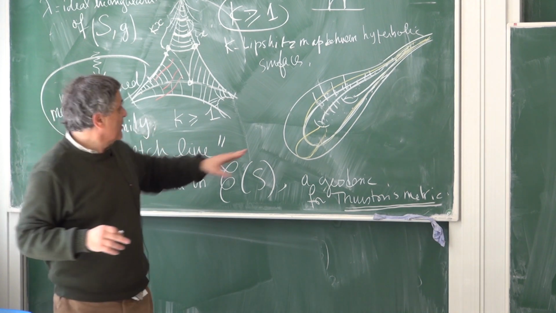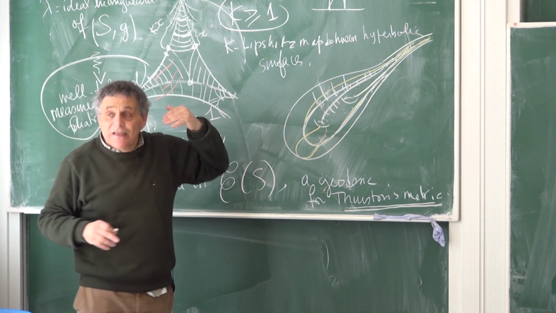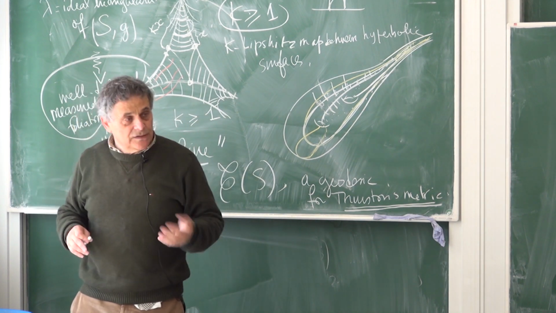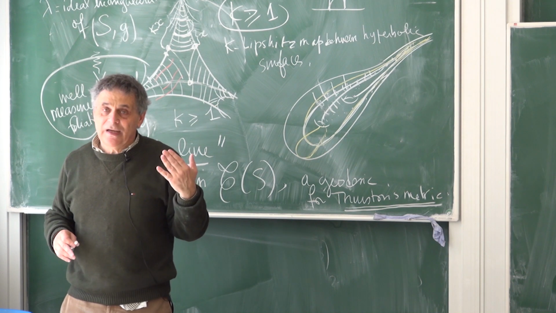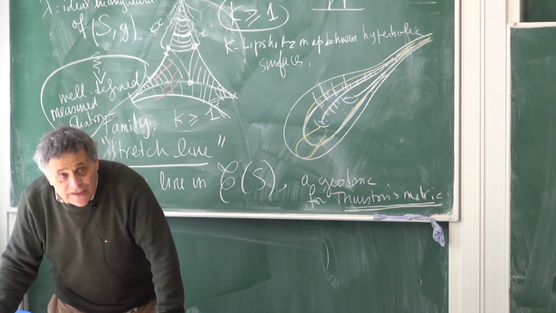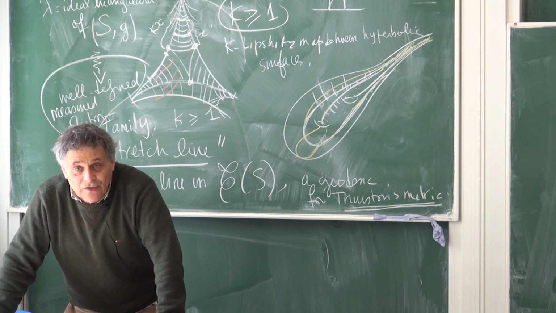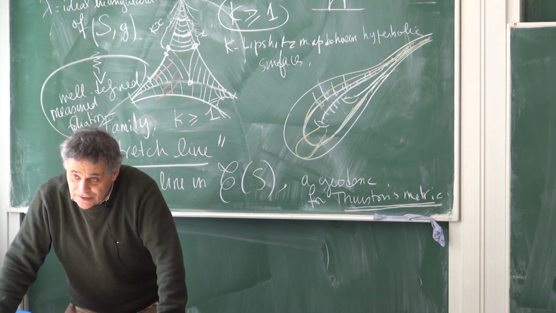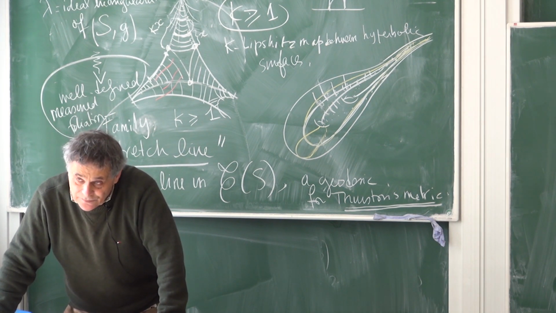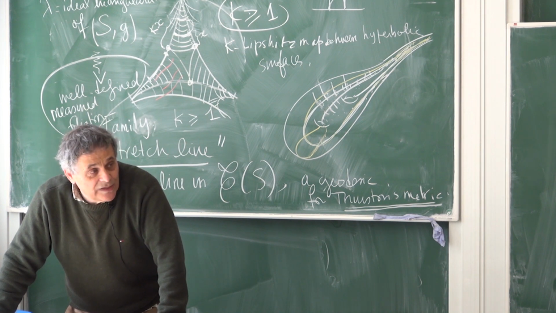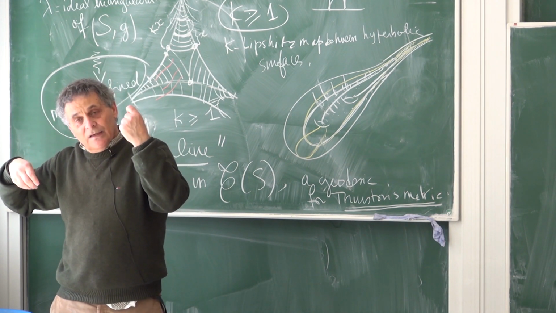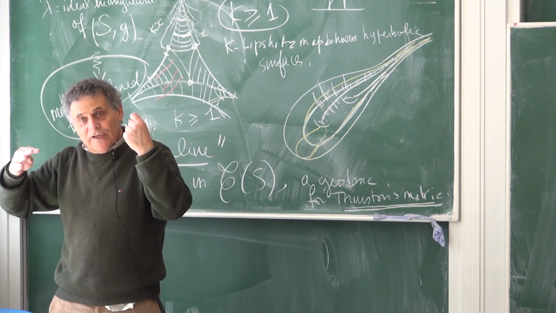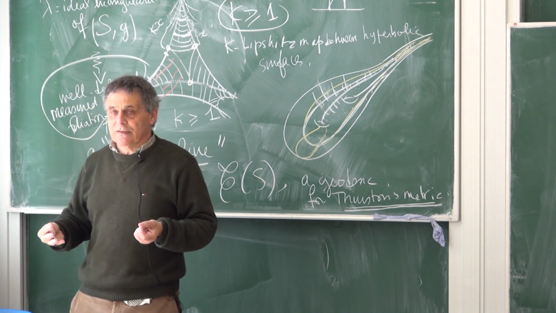Given the topological ideal triangulation, and given a measured foliation transverse to this ideal triangulation, there is a unique hyperbolic structure such that this ideal triangulation is a geodesic triangulation, and the transverse foliation is the foliation by horocycles.